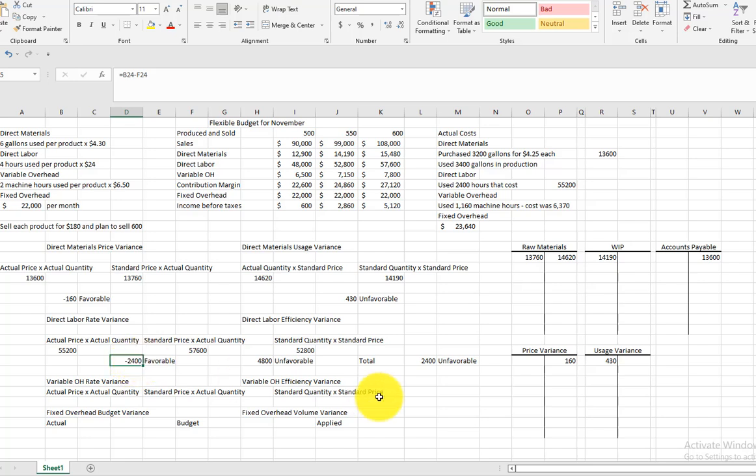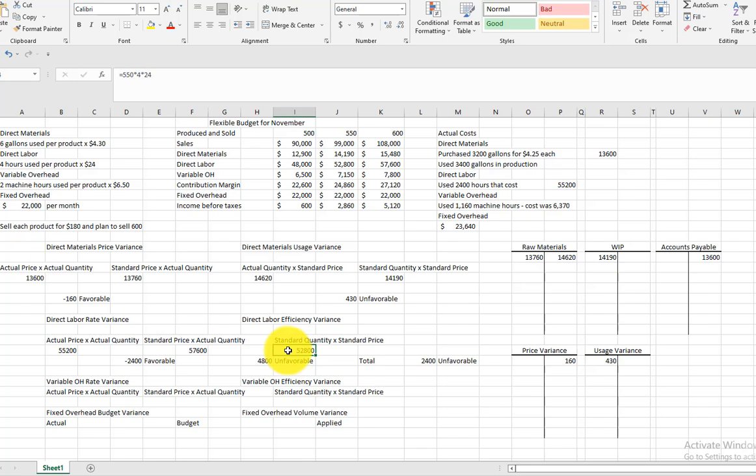than we planned. Now, because there's no leftovers, there's none of that inventory issue with labor, that number there that we already have just needs to be compared to our standard quantity times the standard price, which comes right from our flexible budget, $52,800. 550 we actually made, 4 hours, $24.